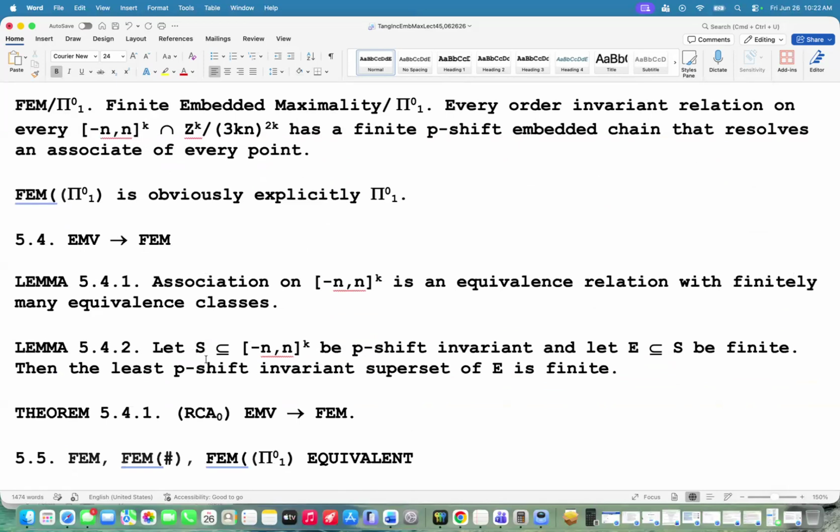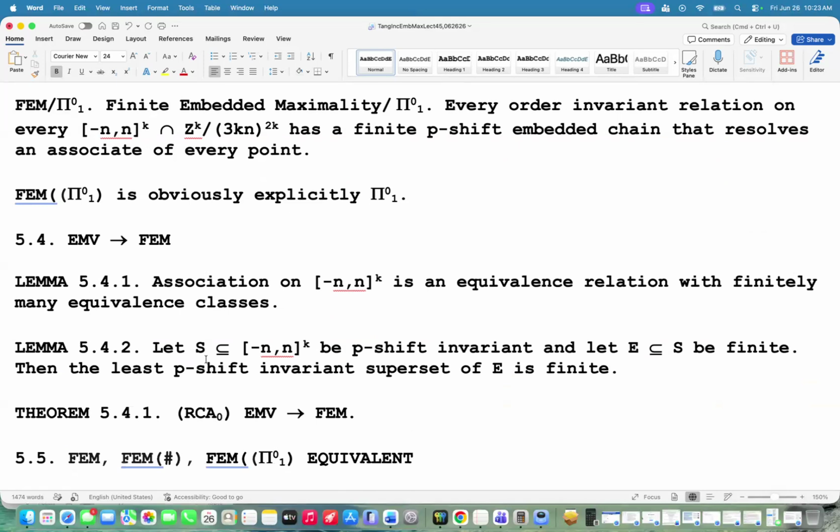Okay, so because association is an equivalence relation with finitely many equivalence classes, you just have to resolve finitely many things, finitely many points, right? But you have to make sure that the result is p-shift invariant.